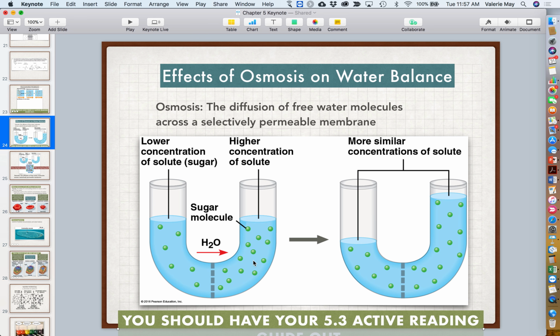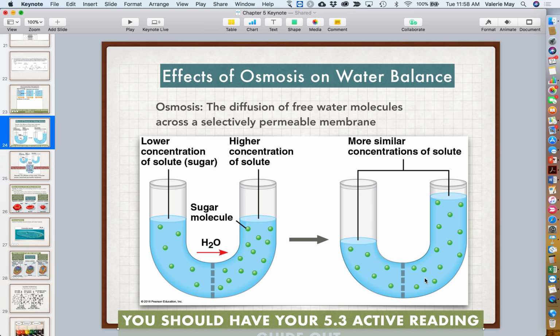And then on this side, we've added the higher concentration solution. And it's always in comparison to the solution on the other side of the membrane. So what will happen as time passes is that water will move to this side faster than it moves to this side, and this would be the end result.